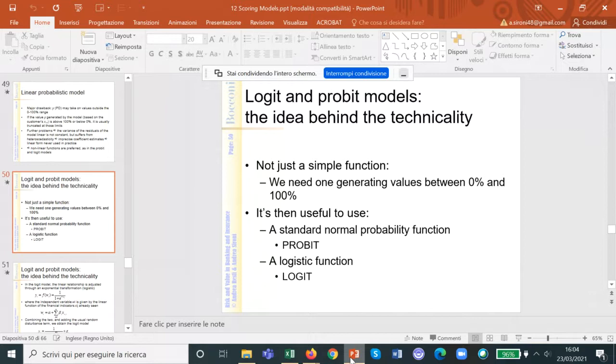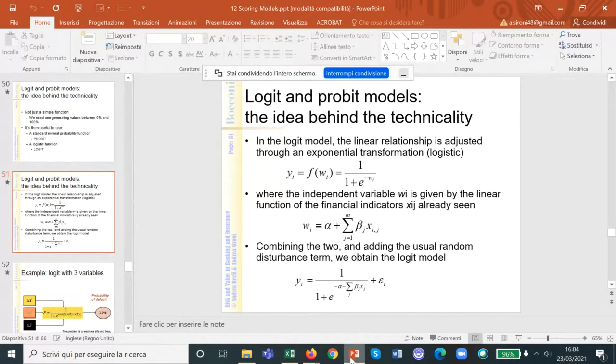Actually, to be completely transparent, the most common one is the logit model. Okay. Now, what is the logit model? The logit model is a model whereby the output, without actually needing to truncate the values between 0 and 1, is ex ante limited between 0 and 1.